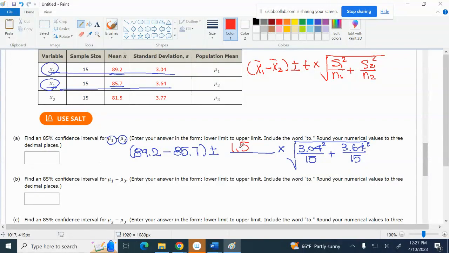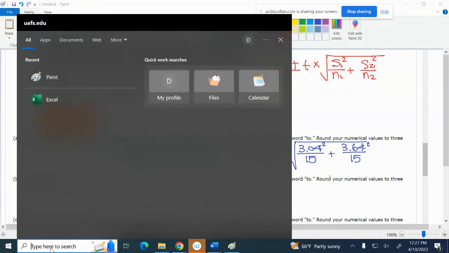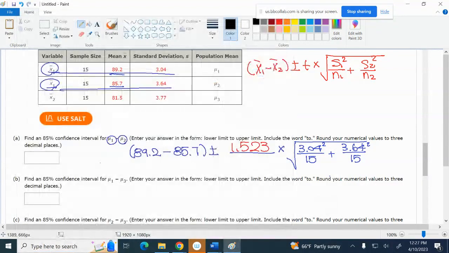1.523. Is it right? Yeah. Good, right? Okay, let me take the mean difference. 85.2 minus 85.7, 3.5, the mean difference.